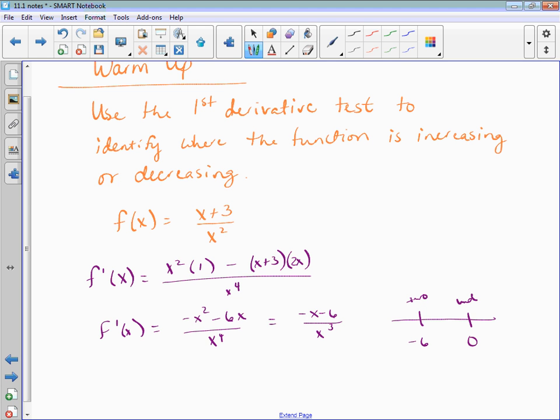I have a question. My equation equals 0 to x squared plus 6x over negative x? No, over x.